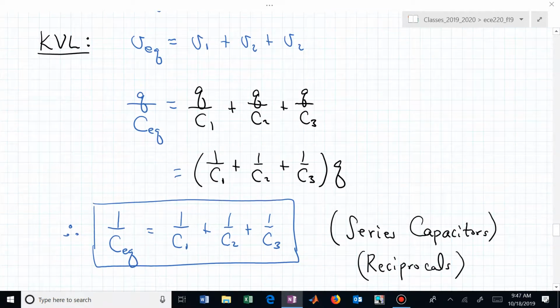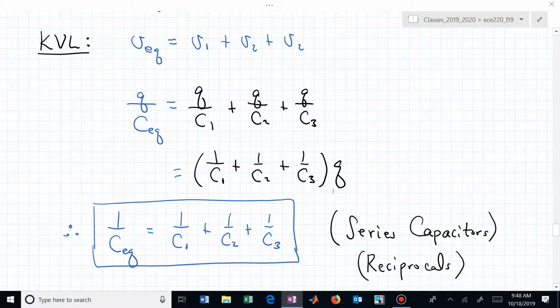Cancel it, and we see that now in series, these capacitors combine in their reciprocals. You add reciprocals to get the equivalent reciprocal capacitance. 1 over C equivalent is now 1 over C1 plus 1 over C2.